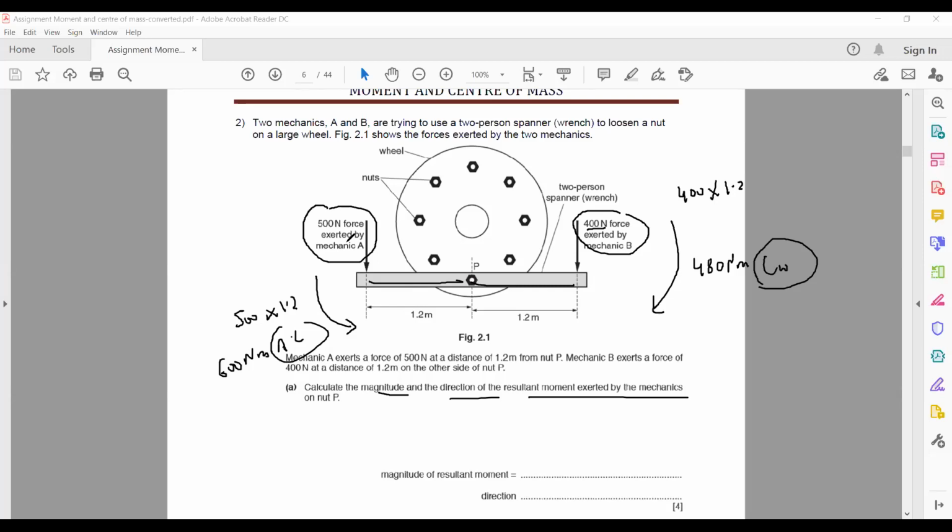So 600 minus 480, which equals 120 Newton meter, and the direction is anti-clockwise.